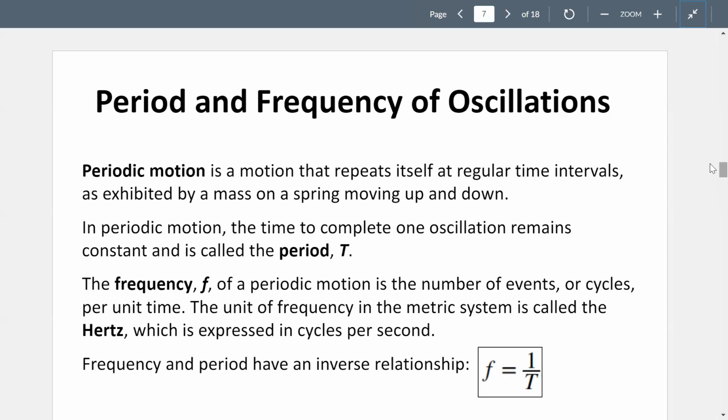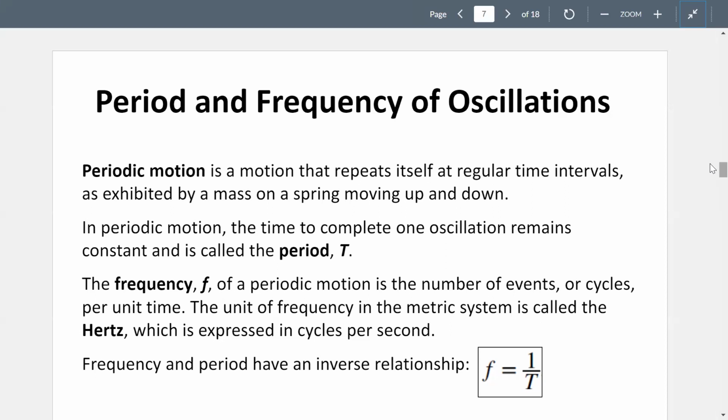Oscillation means that the object has a starting point, it moves from that starting point, and when it comes back to that starting point, that's one complete oscillation. The frequency, that's another property that we measure for our oscillatory motion. Okay, and that's the number of cycles per unit time.